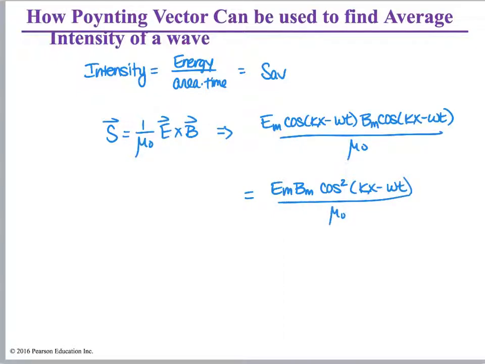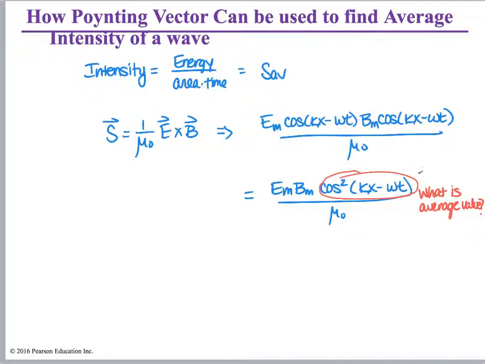And if we look at the average of this, the average value really only comes from the average value of this cosine squared term, which is the only thing that's changing with time. Everything else is a constant.